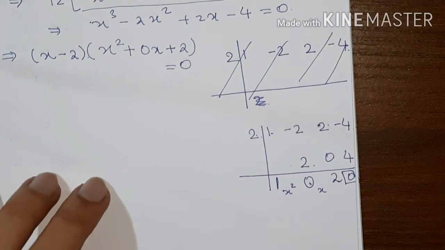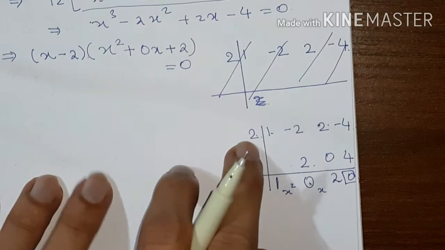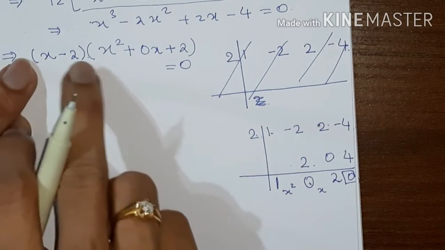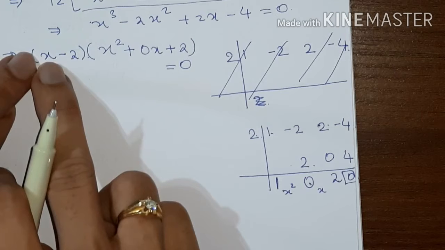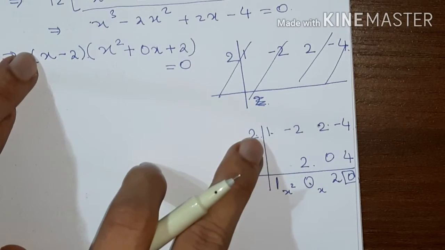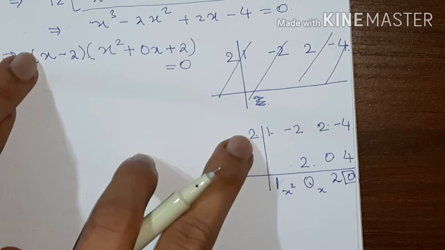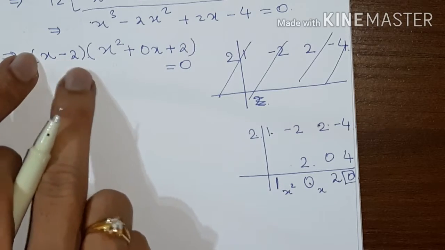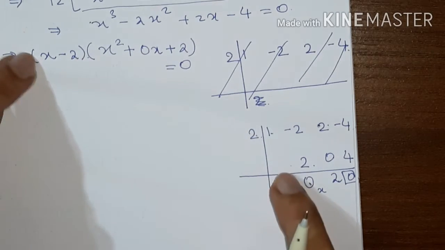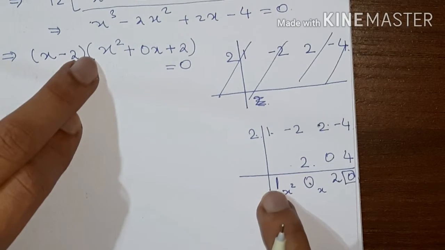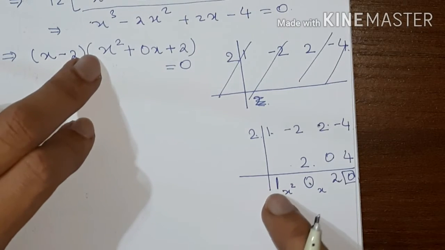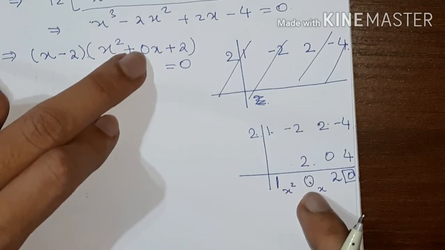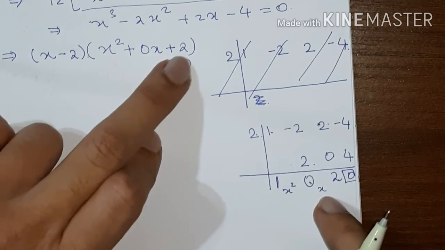Have you understood? The number which is here will give you a factor. The factor will be x, the sign which is opposite to this sign, that is plus, so minus the same number 2, multiplied by the coefficients of x square, x, and the constant.